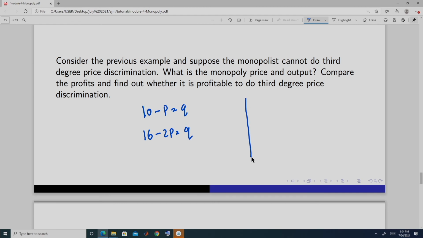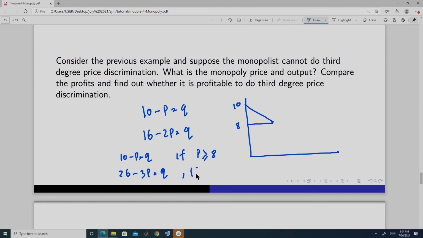So, the market demand curve is, you can write this.